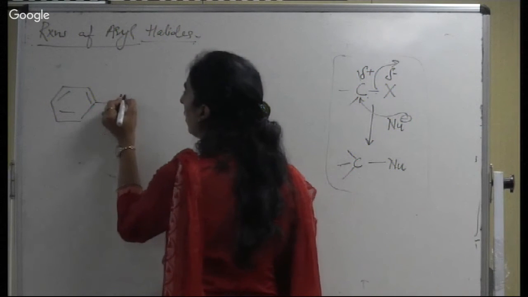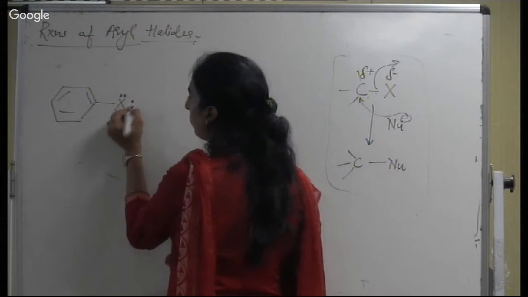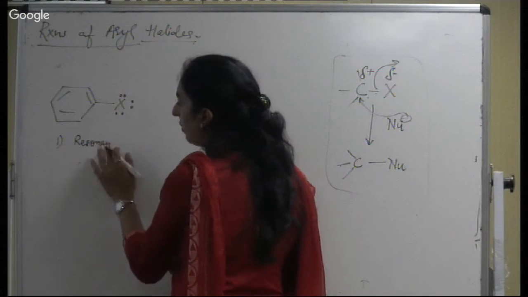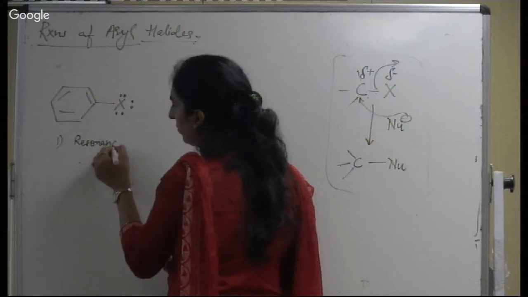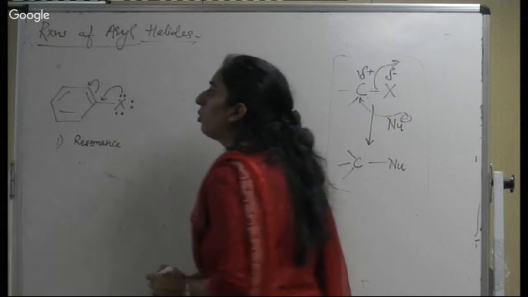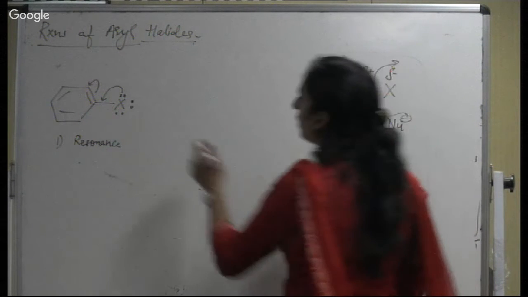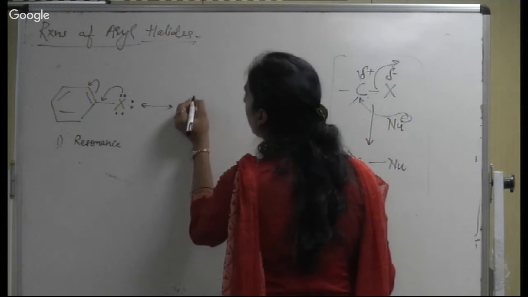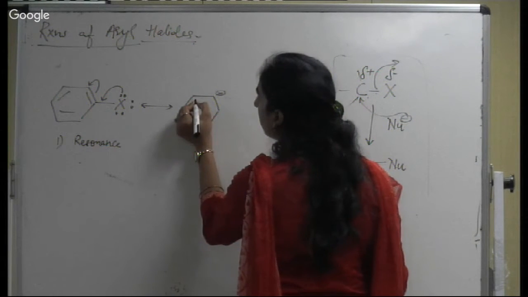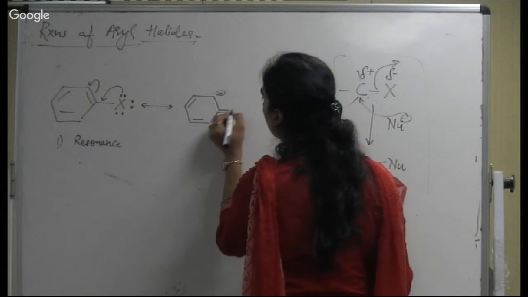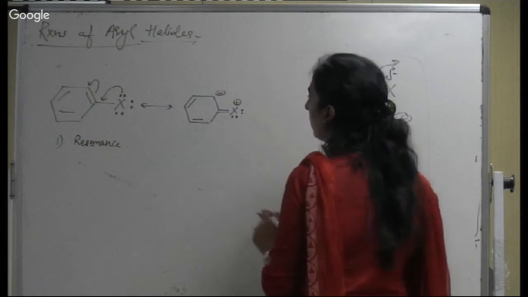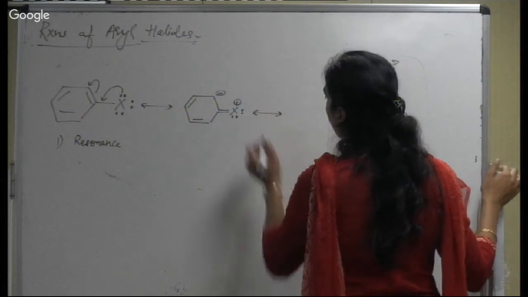Let's see. The first reason, and obviously the most important reason, is resonance. The halogen will delocalize its electron pair onto the aromatic ring, and because of that, there is a partial double bond character between carbon and halogen atom.